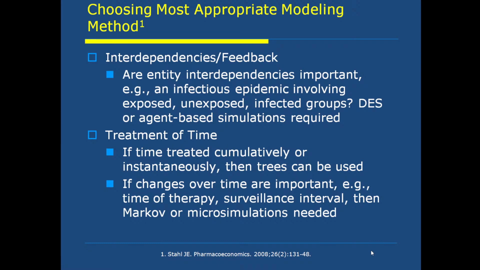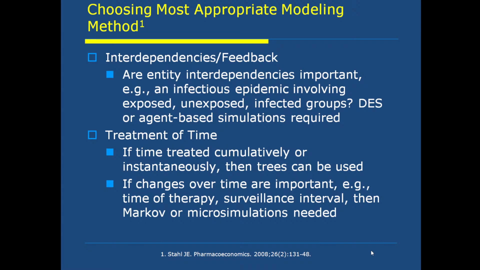Interdependencies and feedback. Are entity interdependencies important? For example, an infection epidemic involving exposed, unexposed, and infected groups. Then discrete event simulation or agent-based simulation is required.